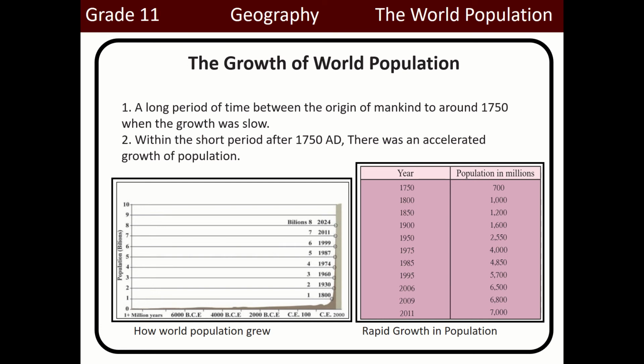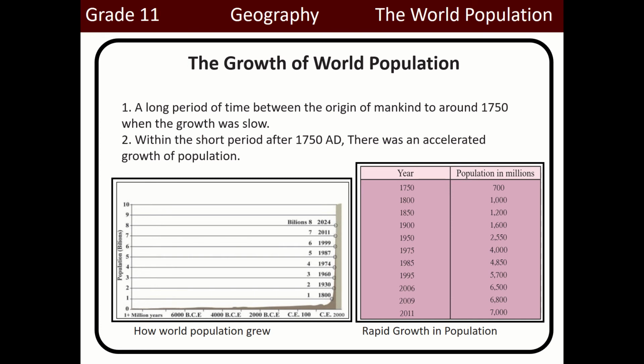First, a long period of time between the origin of mankind to around 1750, when the growth was very slow. During this long period, due to the rate of natural growth being at a low level, the world population did not develop fast. The reason behind this is that though the birth ratio was high, the mortality ratio too remained high.